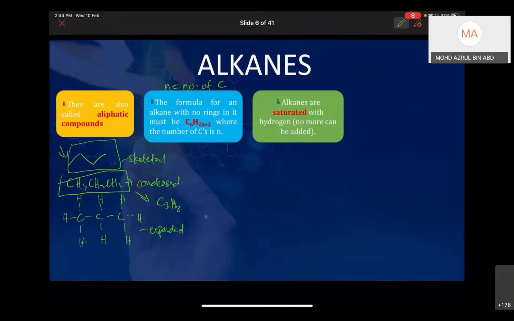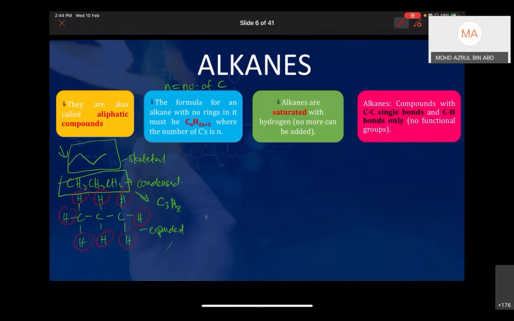Alkanes are saturated with hydrogen, which means all the carbons are surrounded with hydrogen only. For example, like this one, if you look at the expanded structure, all the carbons are bonded with hydrogen only.